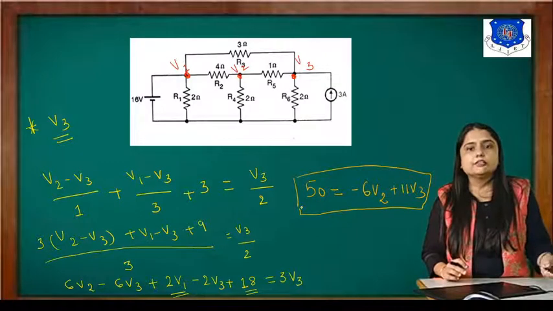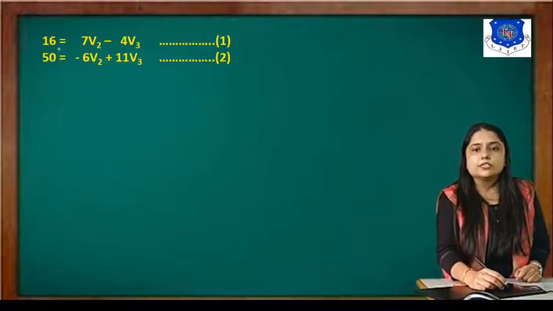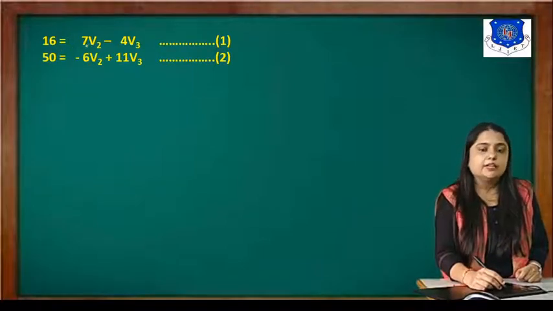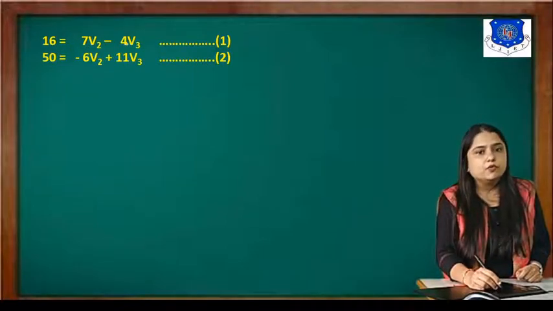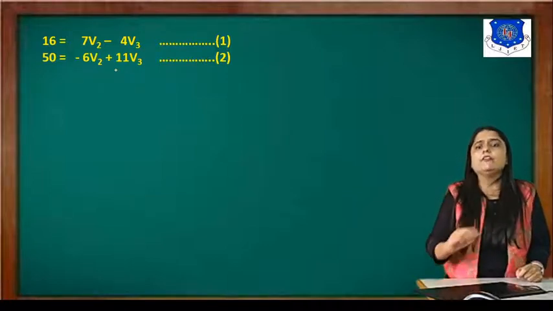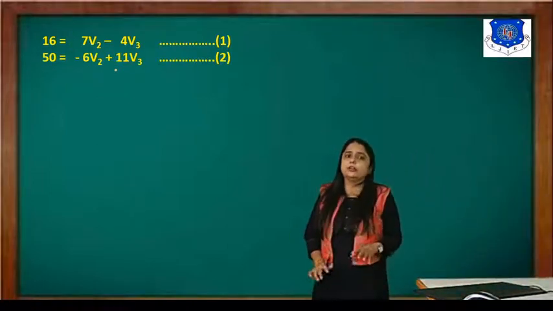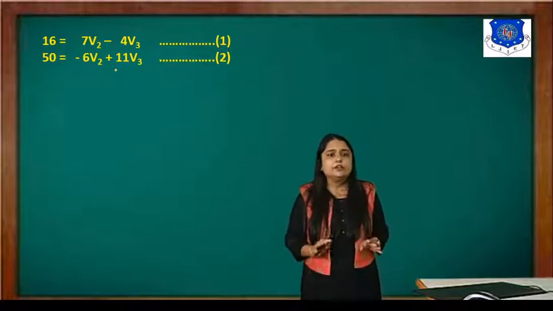So let's solve this equation. Here I have written my two equations. The first equation is 16 equals 7V2 minus 4V3, and 50 equals minus 6V2 plus 11V3. Now how can you solve these two equations? You can use any method to find V2 and V3.